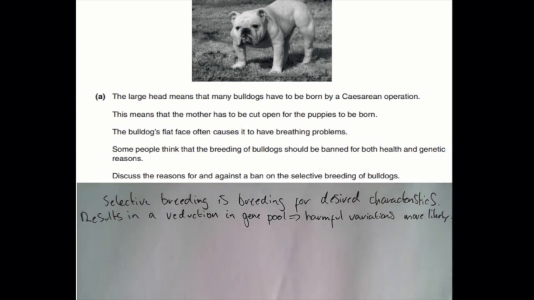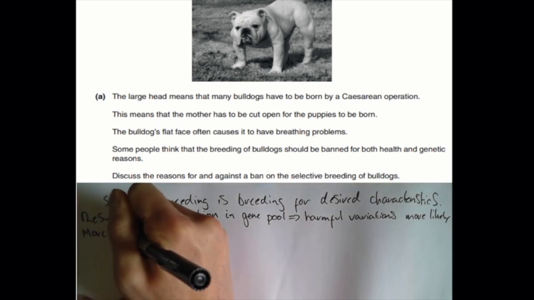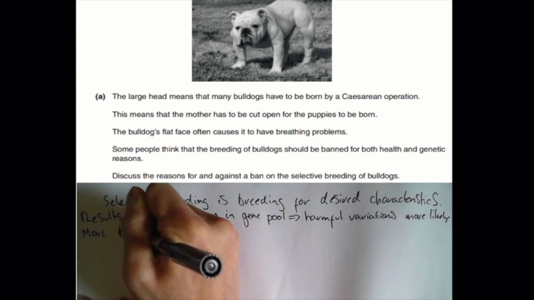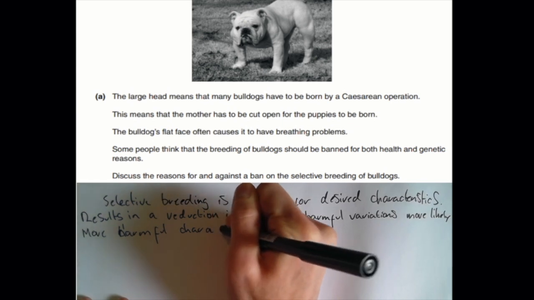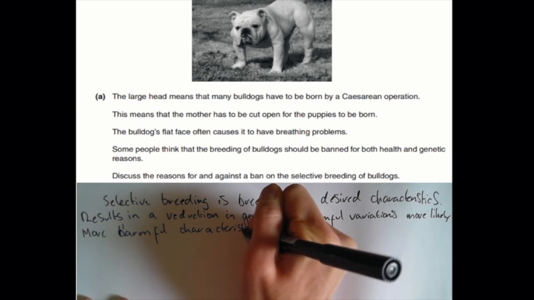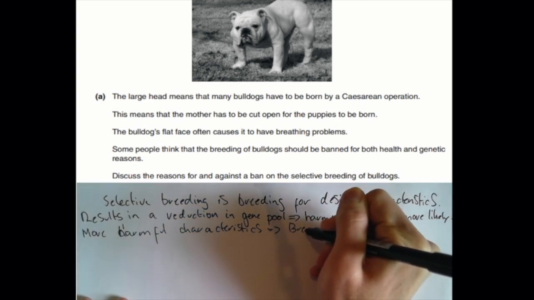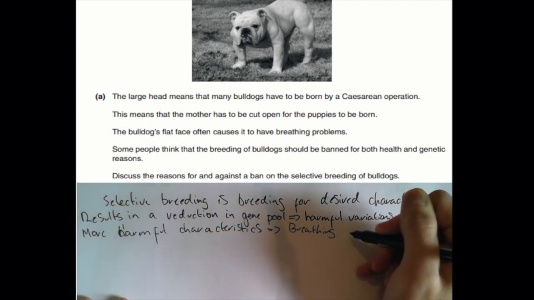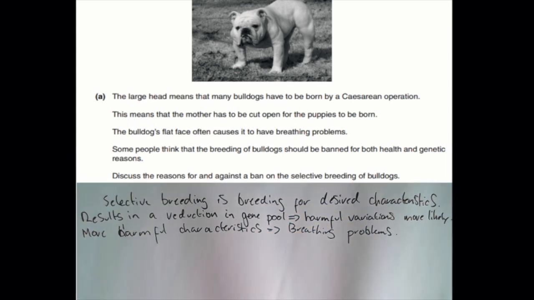Okay, so then go on to say this means more harmful characteristics. This is where they come from. I've got more bad things for my animal, like my breathing problems. It all comes from this lack of variation, this lack of diversity.